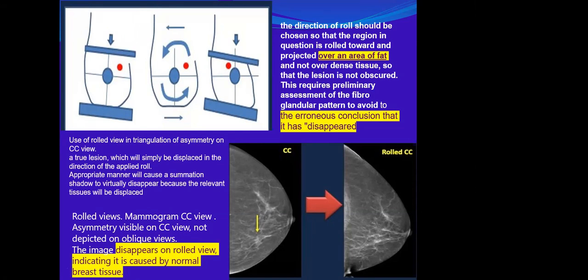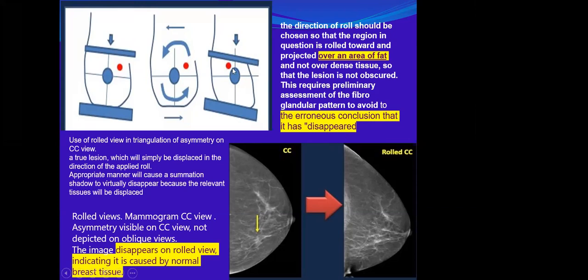Even here in the rolling, if you roll toward the area of fat, it will help us to clarify the concern or the targeted lesions. Okay, so the lesion is not obscured by fibroglandular tissue, and this requires preliminary assessment of the fibroglandular pattern to avoid erroneous conclusions that it has disappeared.